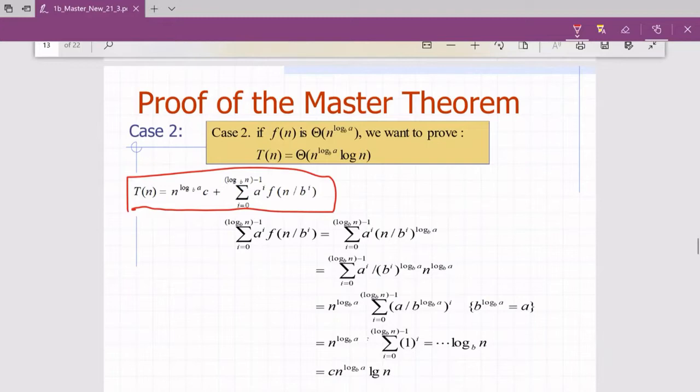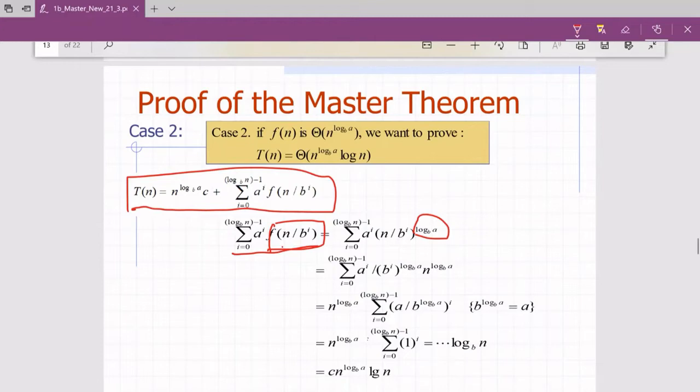We still focus on the second part. This case is a little bit simpler than case 1. And we want to use n over b^i to replace f(n over b^i), n over b^i to the log_b a, without a little epsilon here.